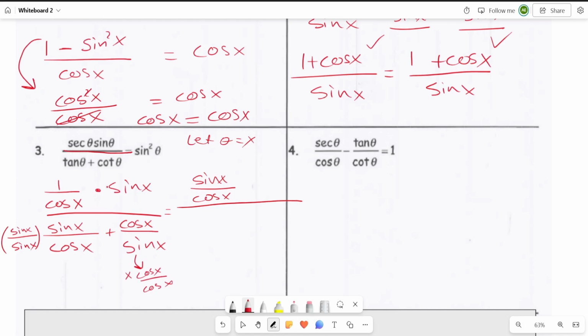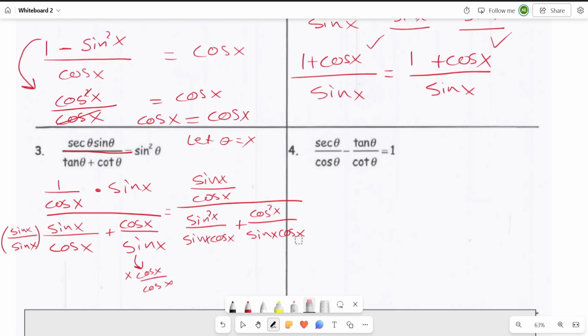Sine x times sine x is sine squared x, over sine x cosine x, and then plus cosine times cosine, which is cosine squared x, over sine x cosine x. If I want to add them, I add the numerators and copy the denominator.